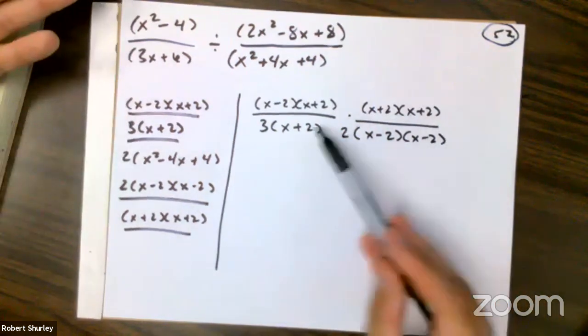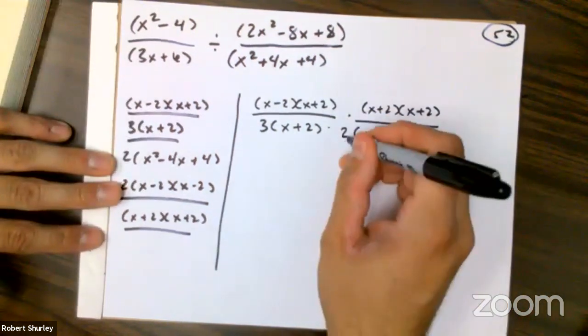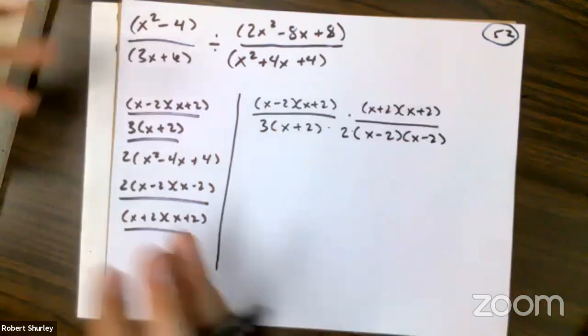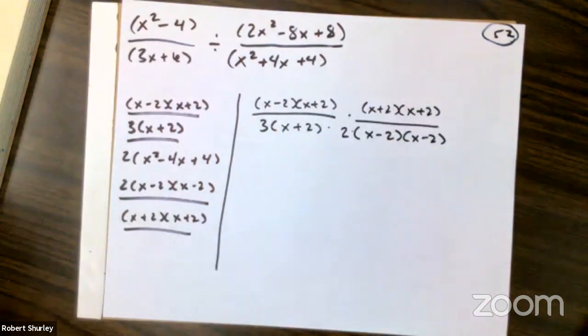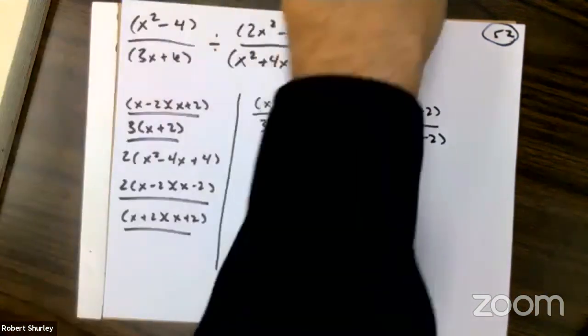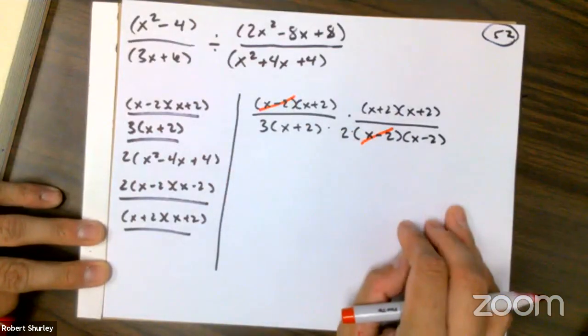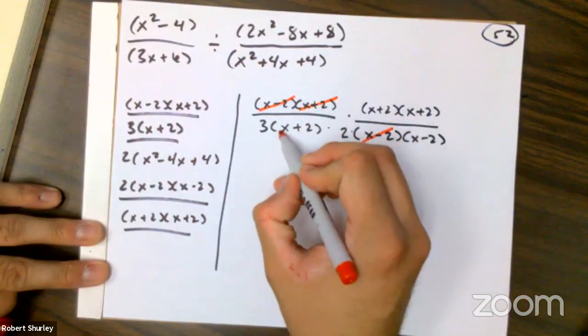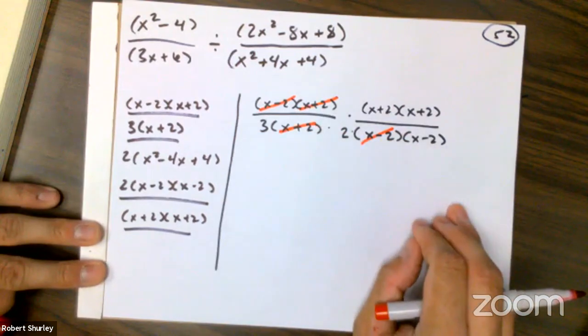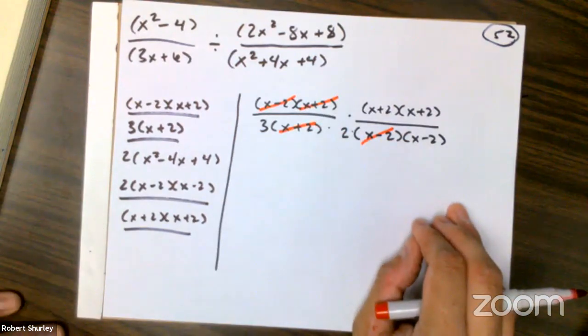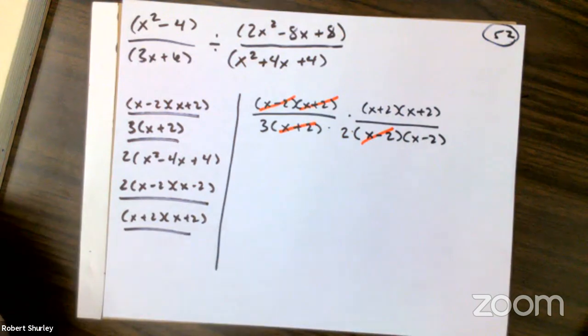Now look, everything's being multiplied. You can just put multiplication in between all of this. So at this point, you can just start canceling with top and bottom. So this x minus 2 can go with that x minus 2. This x plus 2 can go with that x plus 2. Is that it? I think that's it.